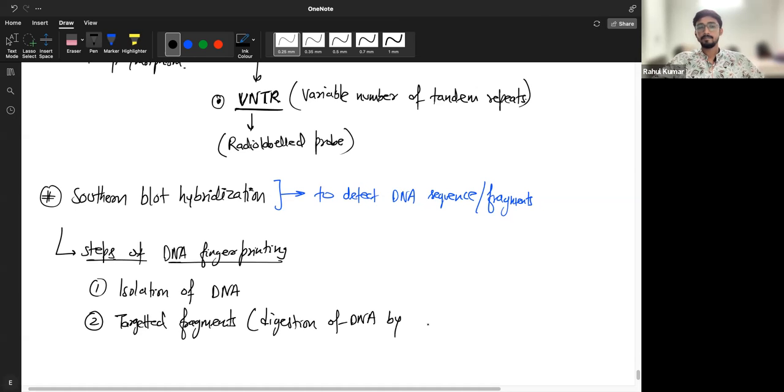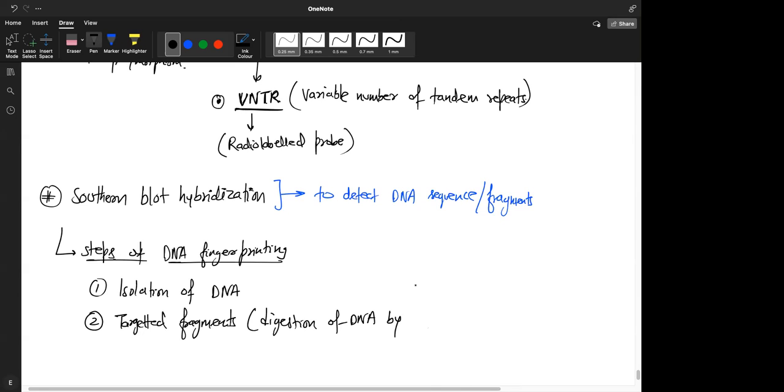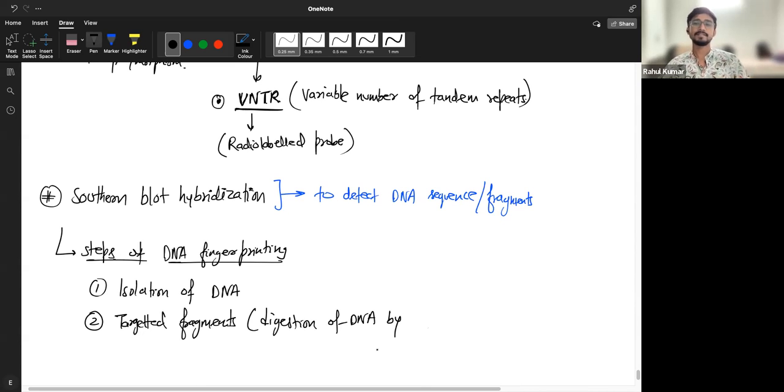Digestion of DNA by using what enzyme? What will the enzyme that digests DNA be called? DNA is a nucleic acid. DNase, or else another name. The ones that digest proteins are called protease.